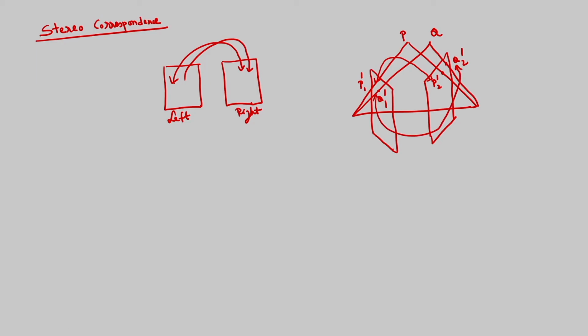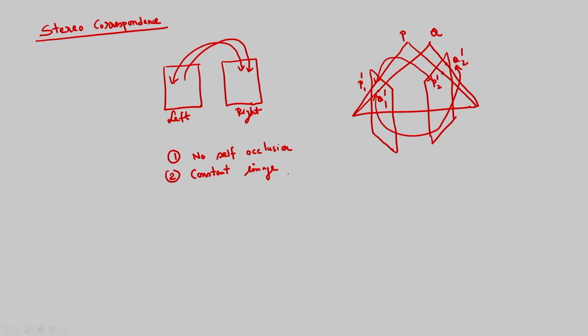For finding the correspondence, one important point is that there should not be any self occlusion. Also, another important point is constant image intensity.